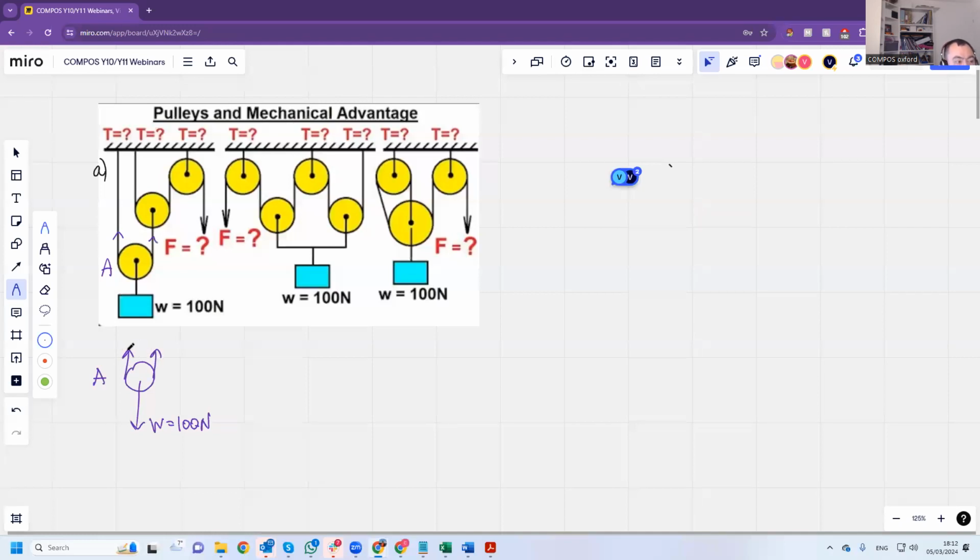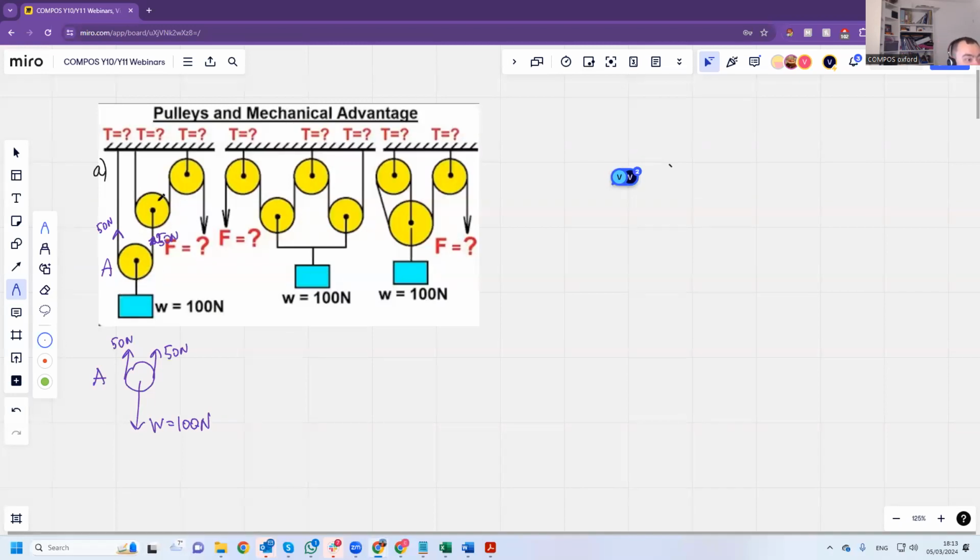So what is each force? Well, each force has to be 50 newtons, right? So the tension in this rope is 50 newtons, and the tension in this rope is 50 newtons. Because we assume it's stationary, or moving with constant velocity.